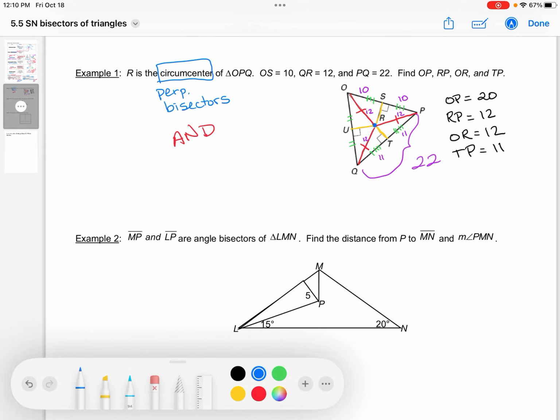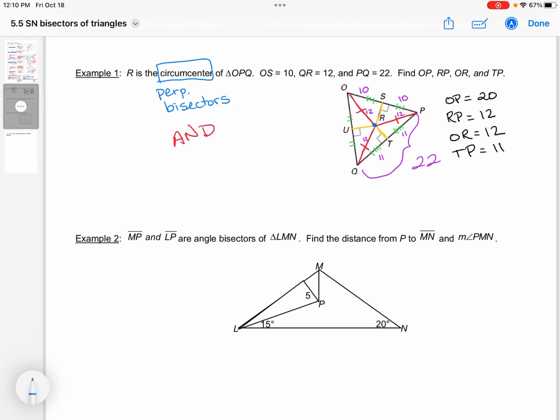Okay, so let's go to the next one. MP and LP are angle bisectors. So that means these guys are equal to each other, and these guys are equal to each other. All right.